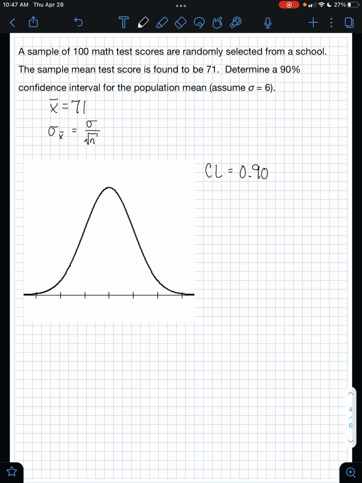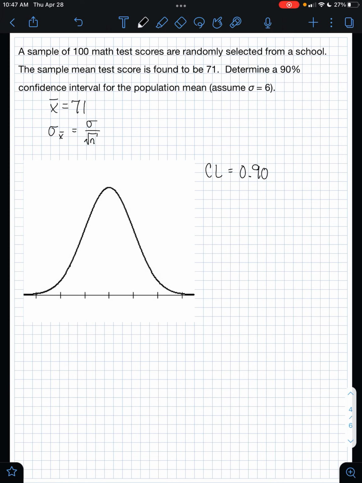At the end of the video here, I will address that assumption and why it needs to be made and how we can make it. But we do need to know the value of sigma in order to be able to complete this task. So for the moment, and in most of these problems, you're going to be told to assume the value of it.